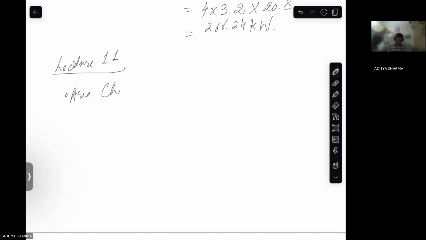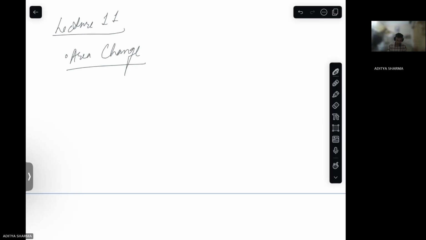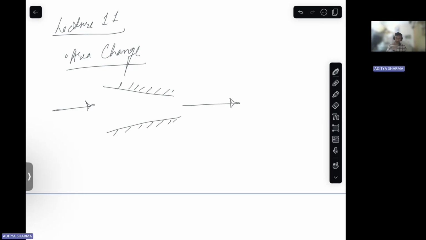So what does area change do? If you take a convergent duct, the flow is moving in this direction. I'm showing you one cross section. So this is your convergent duct.